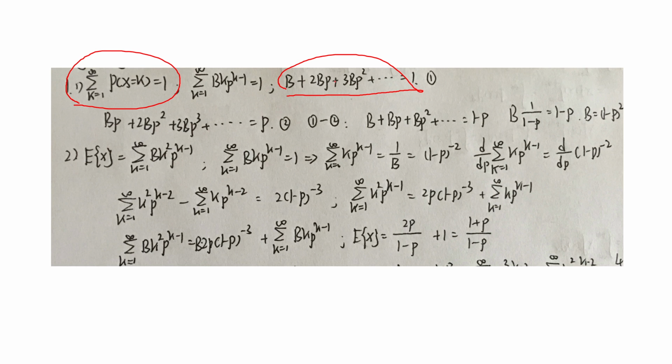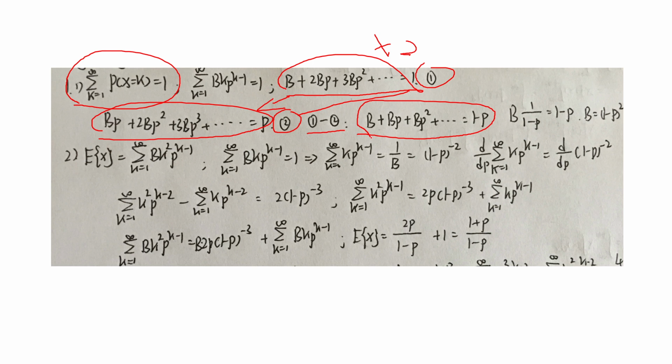So we can multiply both sides by (1 minus p), get this equation, and then subtract the second equation from the first, just like this. And this one is really easy to solve.